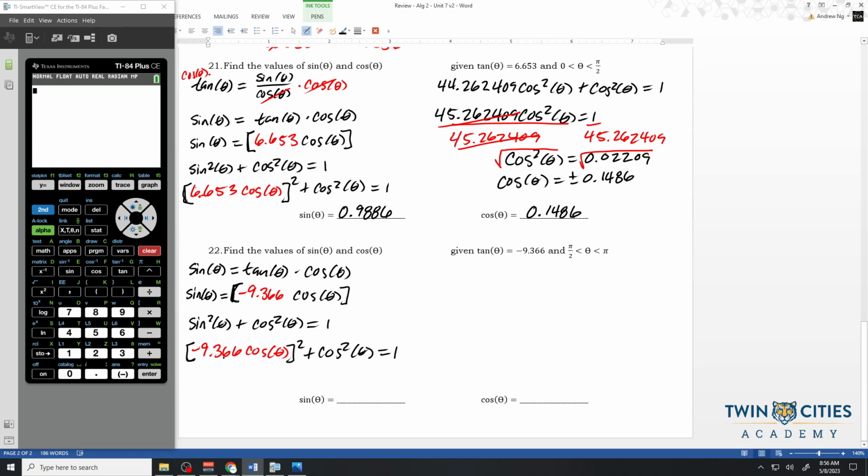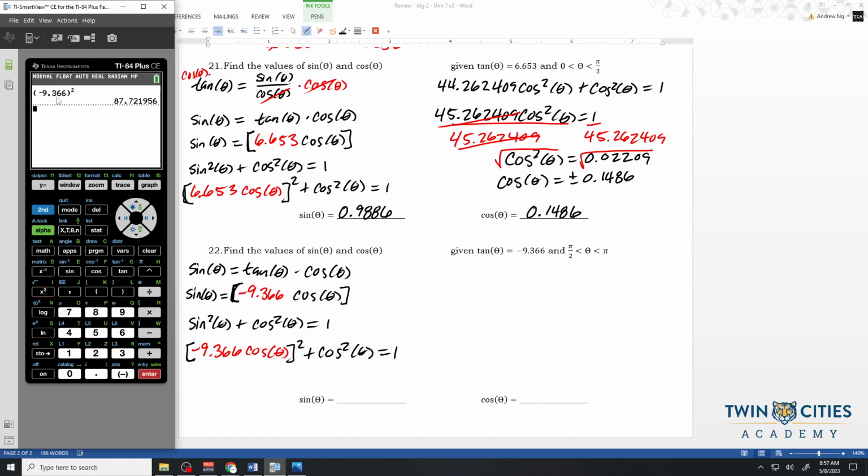In the calculator, I'll square this negative 9.366. Careful, I'm going to use parentheses here. Negative 9.366, close that off and then square it, because I want the calculator to note that this is negative before I square it. If I don't use the parentheses, it'll square it and then make it negative afterwards, which is not what I want.